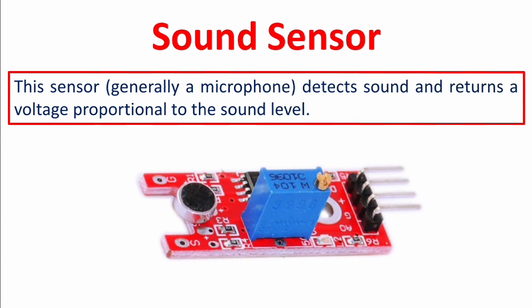Implementation of a sound sensor in a robot is not as easy as a light sensor, because a sound sensor generates a very small voltage difference which should be amplified to generate a measurable voltage change. In other words, we can define a sound sensor as one which converts mechanical energy into electrical energy.